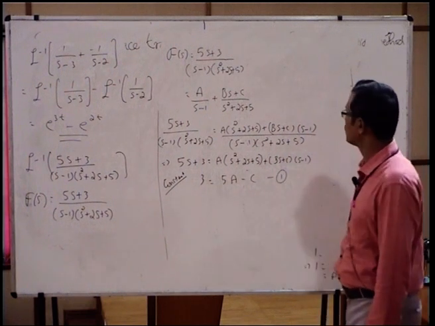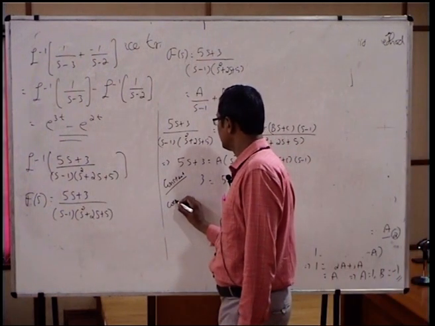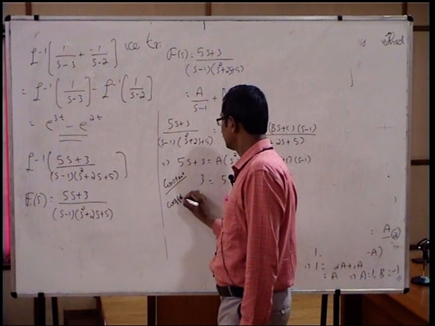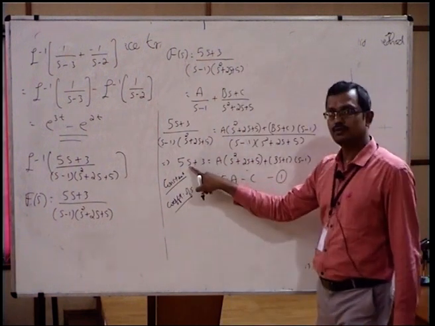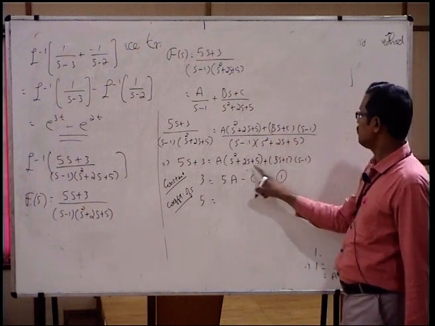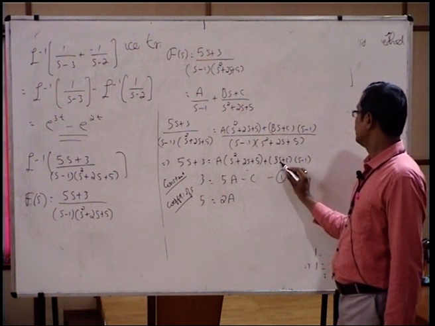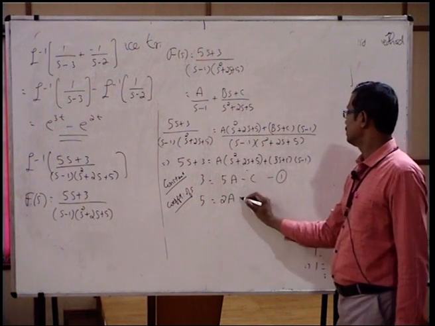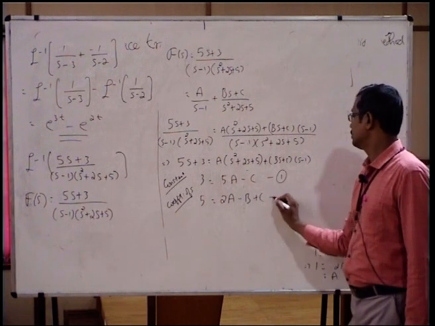So 3 equal to 5a minus c, this is equation number 1. And if you equate the coefficient of s, LHS is 5, and on the RHS the coefficient of s is 2a, and bs into minus 1 gives minus b, plus c into s, so plus c. It's equation number 2.